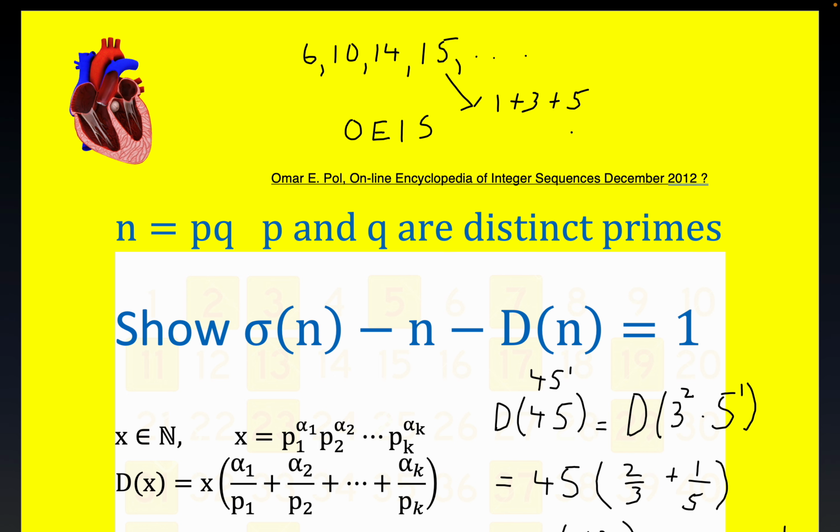All right, now that's going to be minus this result we just established, which is 15. And again, the exponents of the primes are just 1, so you can write 1 over 3 plus 1 over 5, right?